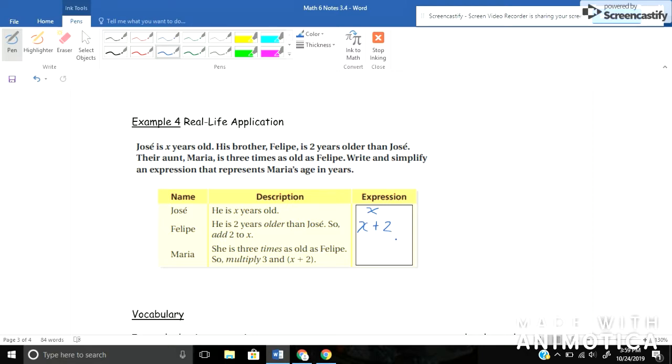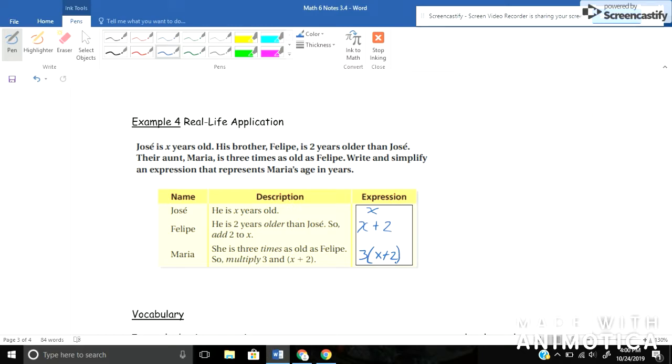Well, here's Felipe's age. It's X plus 2, and she's 3 times as old as that. So if we were to take 3 times his age, we could write it similar to like one of these distributive property examples. This means 3 times his age, which was X plus 2. Okay, so we can just simplify from there.